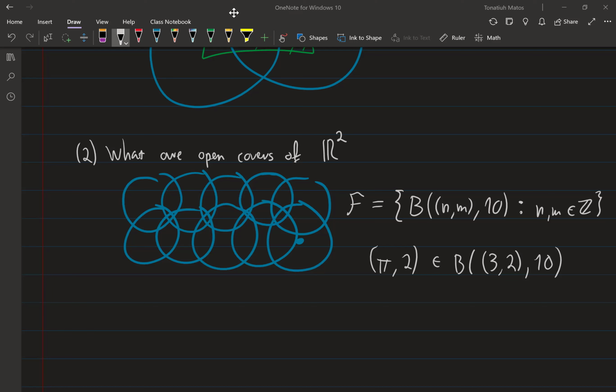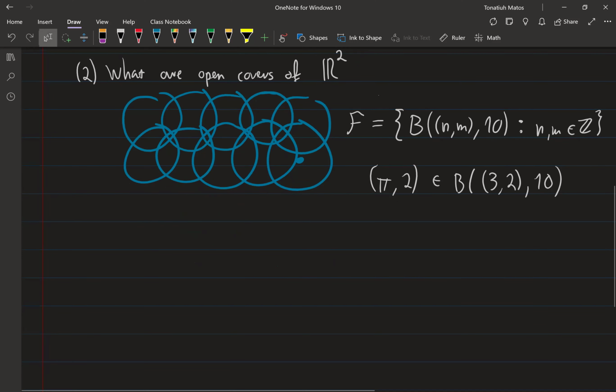Okay, there's a question in the chat. Would the open cover be trivial because R2 is open and it is covered by itself? Yes, an open cover can consist of just one element. So there's an open cover that is trivial. That's actually a good example. So let me erase this because this isn't that important.